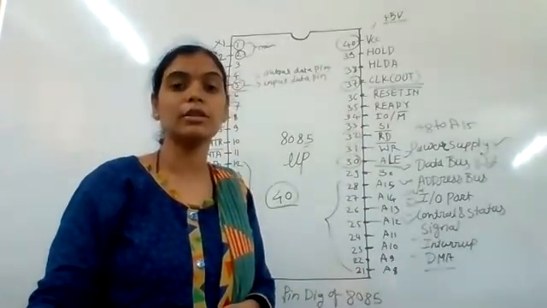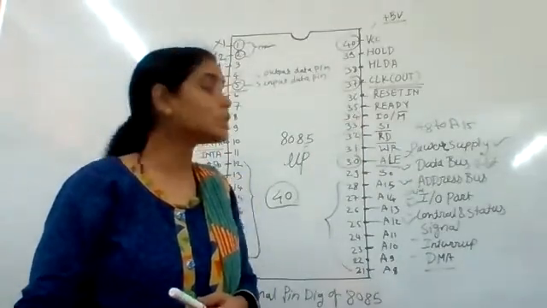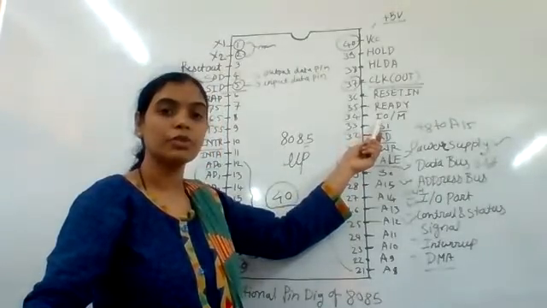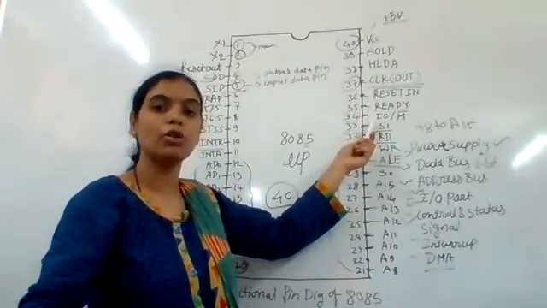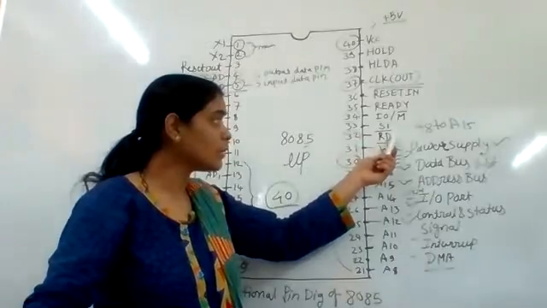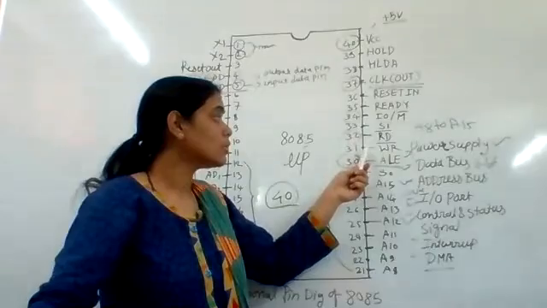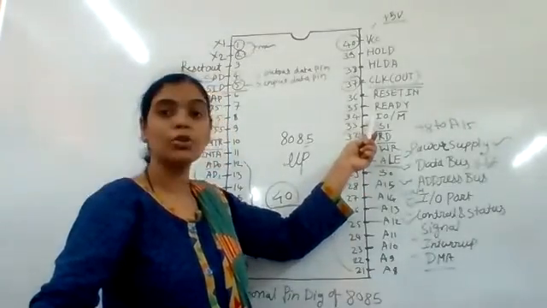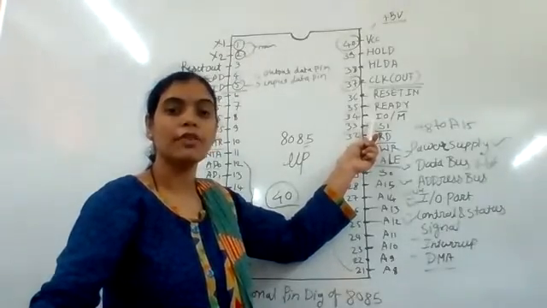The low signal at this pin shows the operation is being performed on a memory location. Got it? Pin number 32 is the read signal, and when pin number 31 is low, that is the write signal.